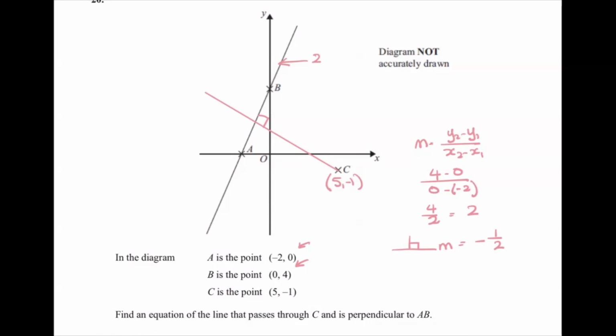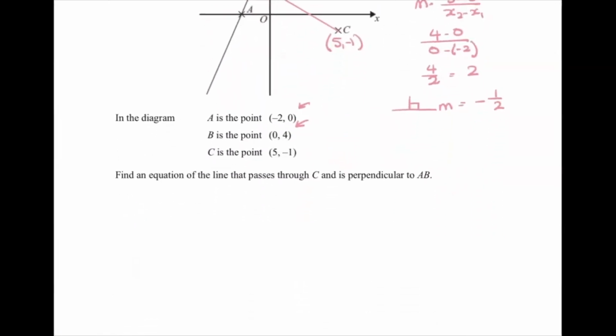All right. Now I know my gradient and I have a coordinate. I can use the formula y minus y1 equals m(x minus x1). So I've got y minus negative 1 equaling minus half (x minus 5).